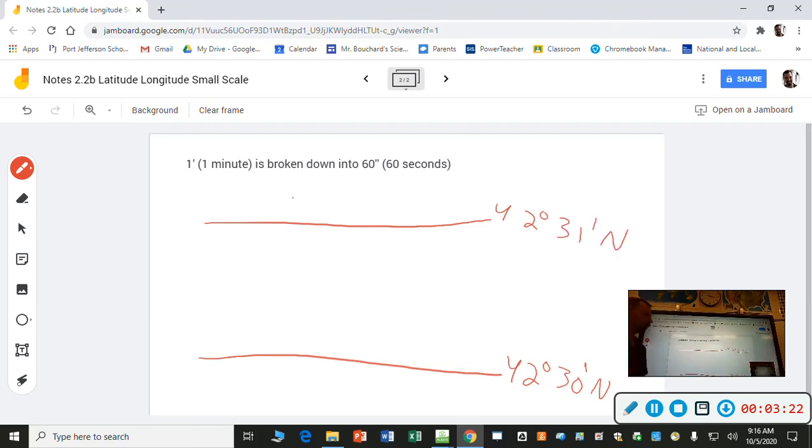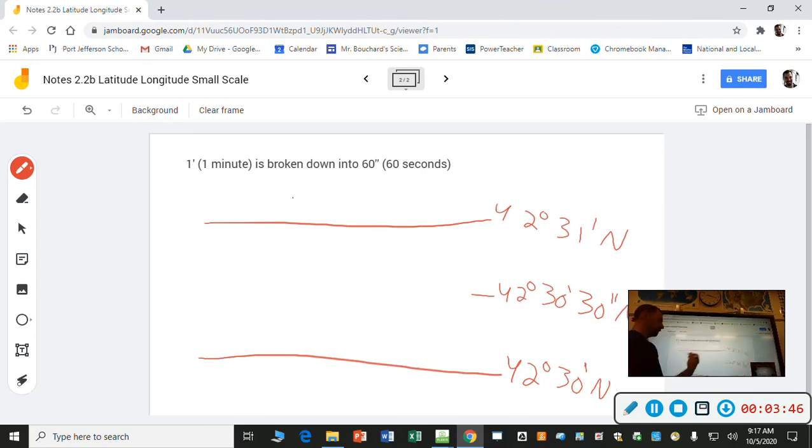So you're between 2 minute markings. Once again, it's going to be 60 seconds, so 60 little markings between each minute in this case. Halfway, the whole thing written out is 42 degrees, 30 minutes, 30 seconds north.